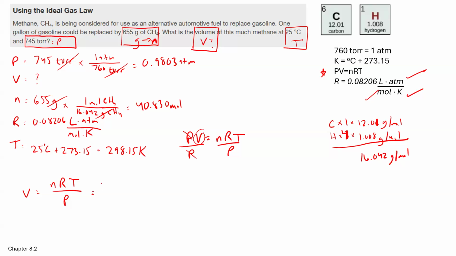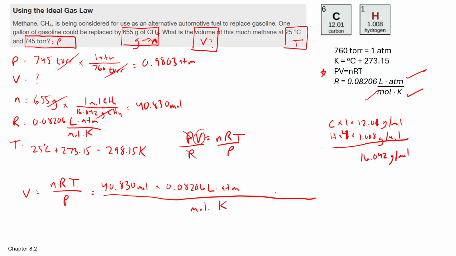N is 40.830 moles. R is 0.08206 liters ATM over moles Kelvin. I'm going to make a big old line here. Temperature is 298.15 Kelvin.